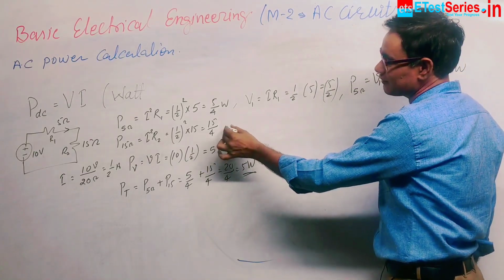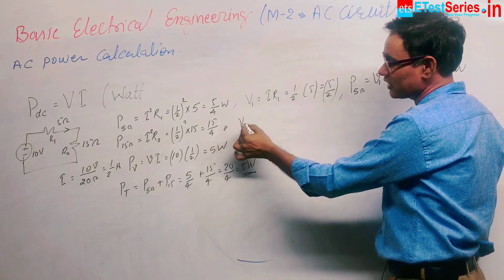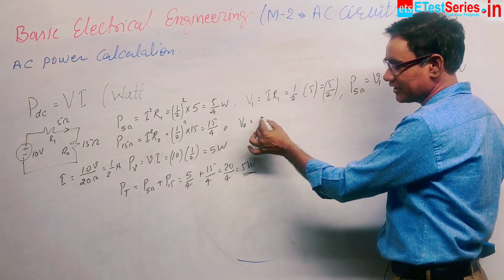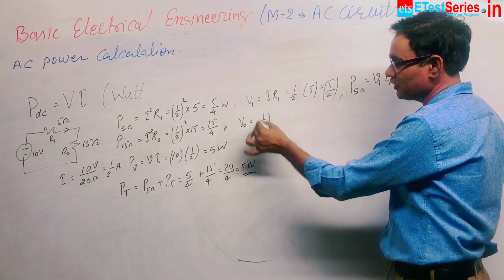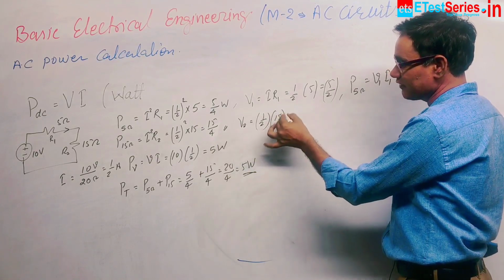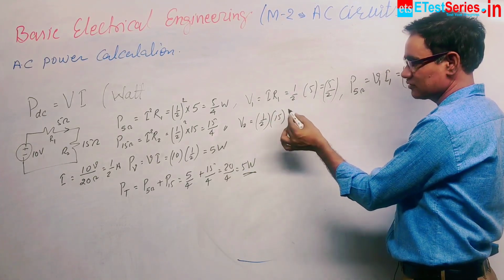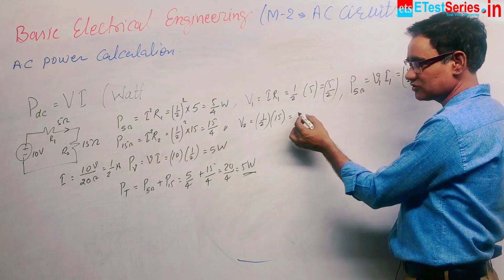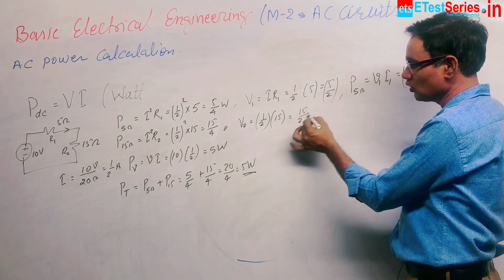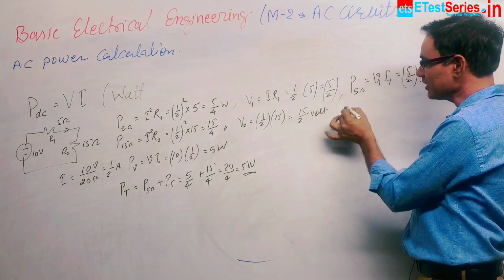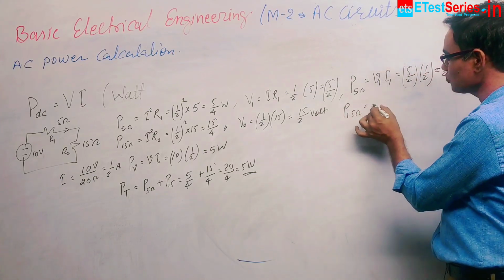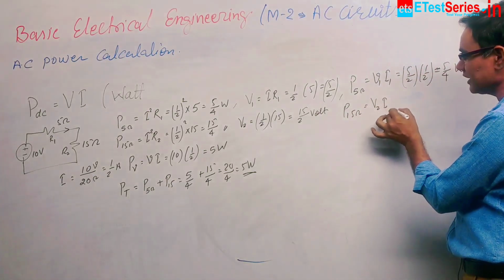Similarly, we can calculate the power in the second resistance. The current in the resistance is 1/2, and the value of the resistance is 15 ohm. So the voltage across this resistance is 15/2 volt. So the power in the 15 ohm resistance is V2 into I1.